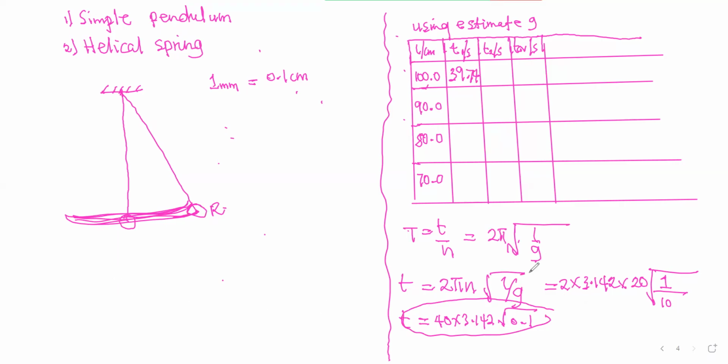So if you understand this, yes, it saves time, because at the end of it, if you are doing the right thing, the time you will get when you actually conduct the experiment and this time must be very close. The difference will be the decimal point.